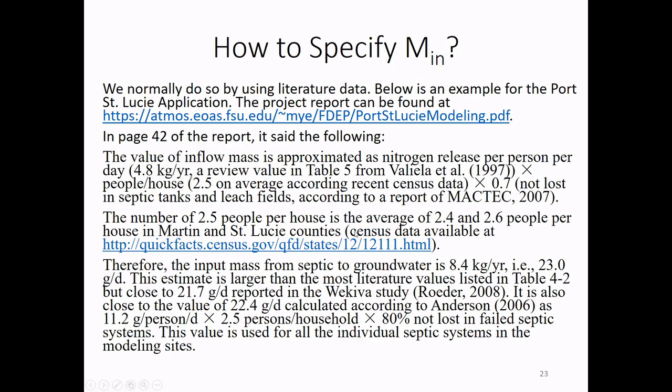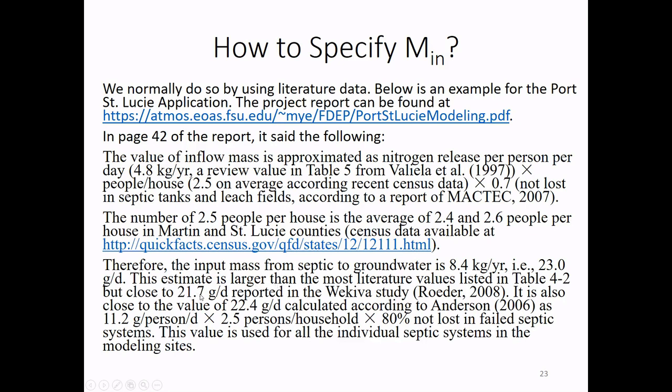And okay, after that, here's the example. For Salusi it is the average between 2.4 and 2.6. So here we have 8.4, and that's equivalent to 23 grams per day. This is similar to what people use in literature.